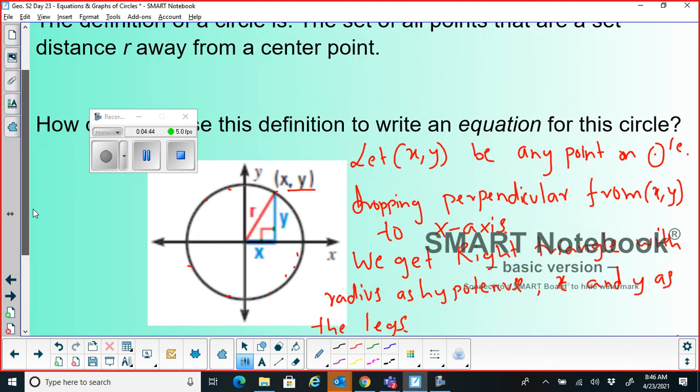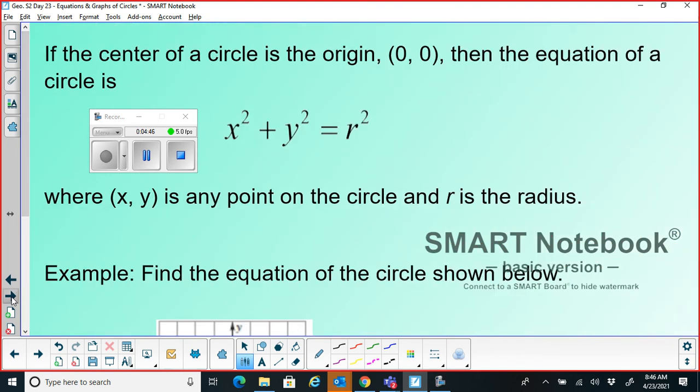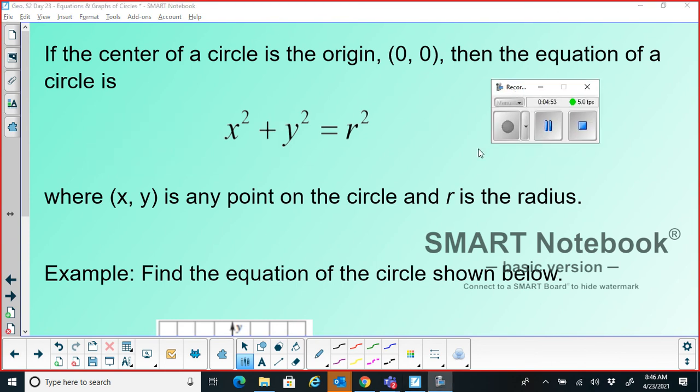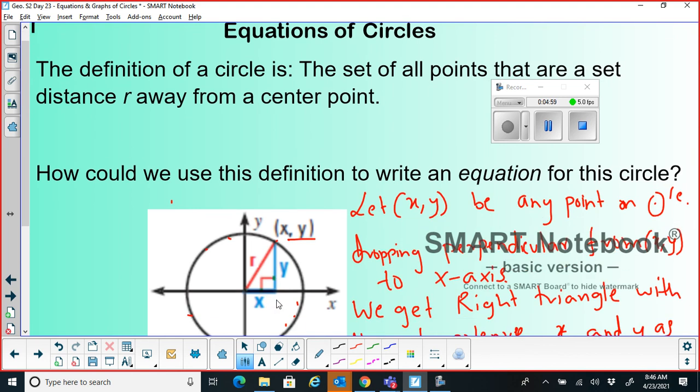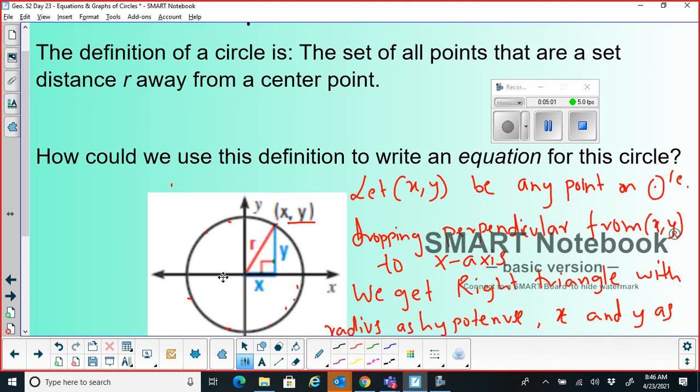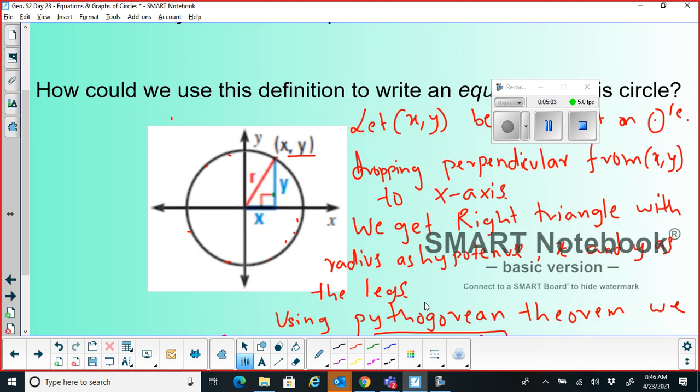Let's see the next slide. We assumed in the previous one that the center is origin, otherwise this would not be the case. I just assumed here center as origin and then I got this equation.